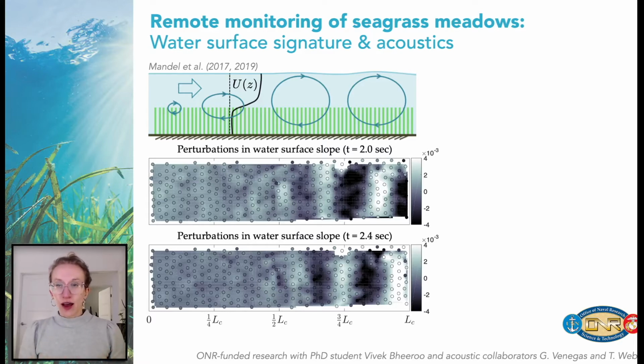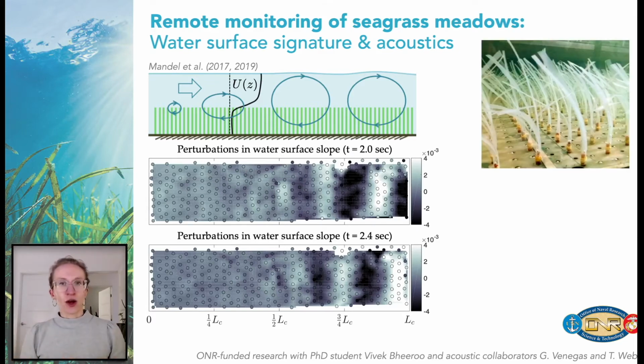I'm currently PI on a project funded by ONR to understand how this surface signature might vary with different types of model vegetation, something that's perhaps more realistic and similar to the seagrass that we'd see in different areas on the coast. And we also want to know how these surface observations might connect with the interior acoustic field.